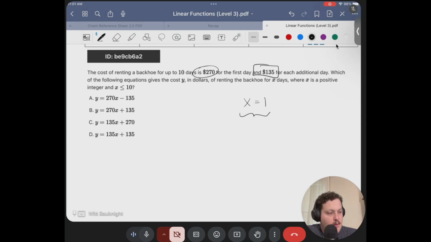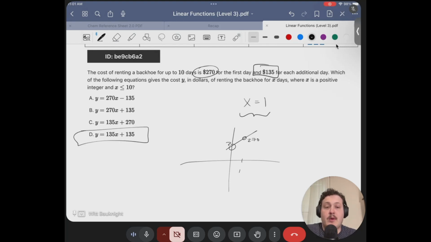So if we were drawing this line, at day 1, we would already be at 270. So what's the y-intercept? It's 135 less than that. So I'm just switching up. I'm going with D. If the answer is C, it would have been my first thought. If the answer is D, it's my second thought.